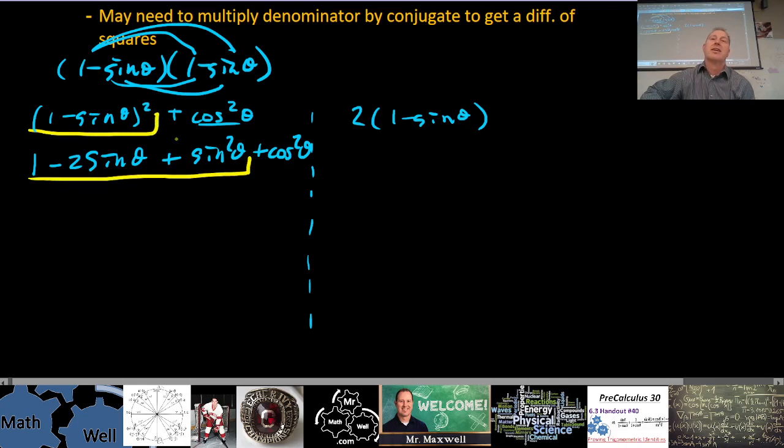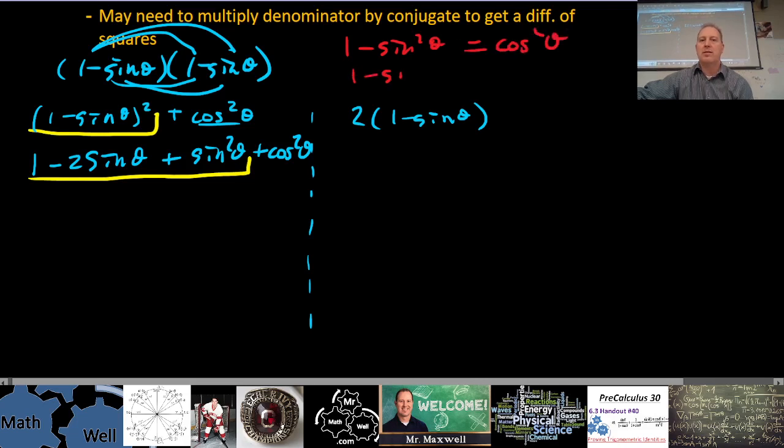Question? Why wouldn't we have just changed the 1 minus sine theta to cos theta? Okay, why wouldn't we just have changed the 1 minus sine theta to cos theta? Because it's 1 minus sine squared theta, it's not 1 minus sine theta. No, 1 minus sine squared is cos squared, right? This is this.